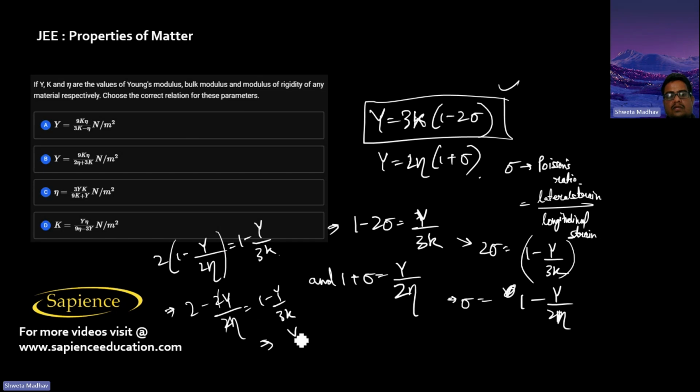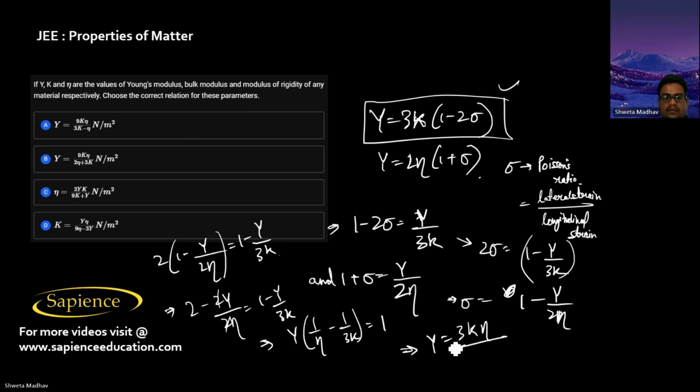So y into 1 by eta minus 1 by 3k is equal to 2 plus 1, that is 3. So Y will be equal to 3k eta divided by 3k minus eta.